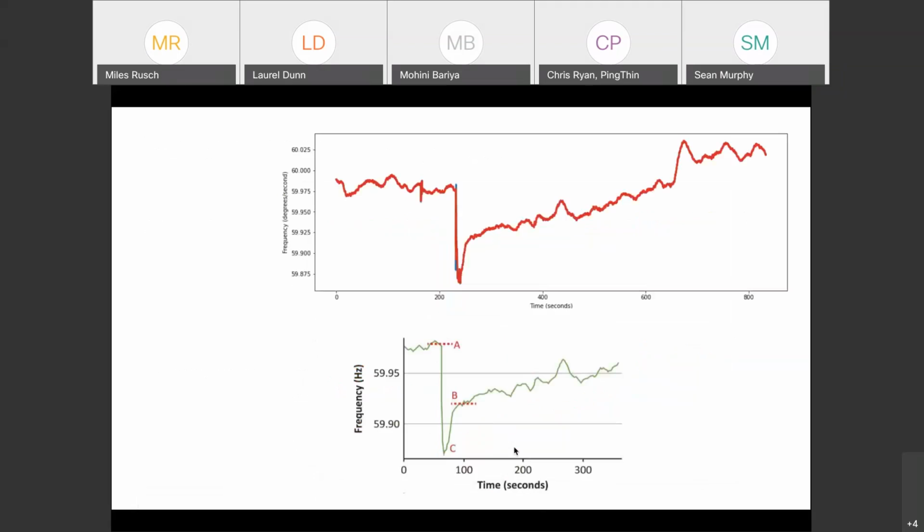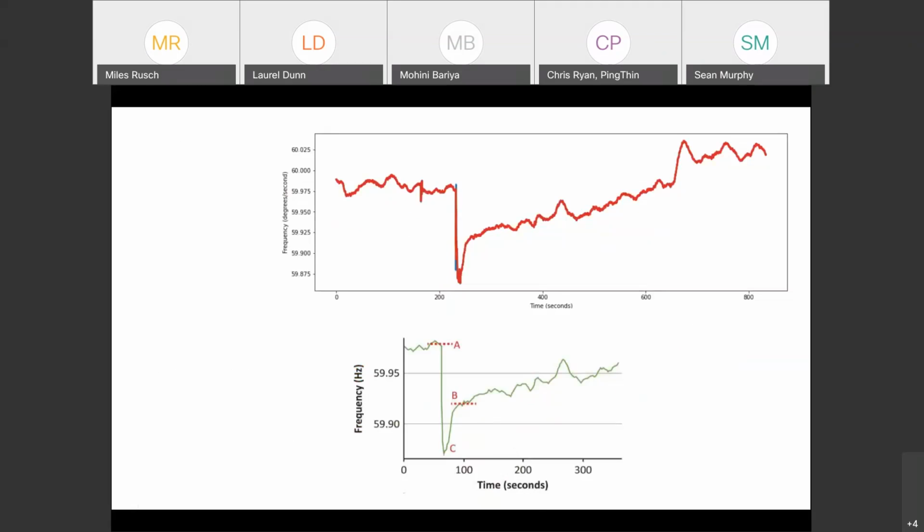We also see that after applying this filter, our data now resembles the frequency data reported from the Blue Cut fire.